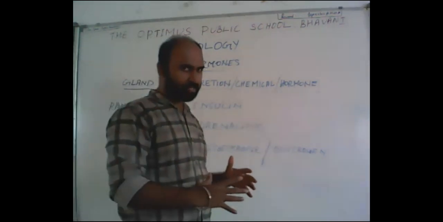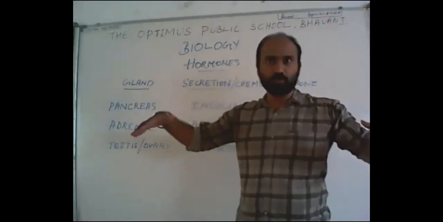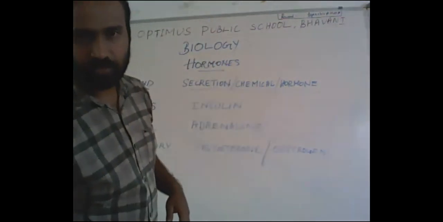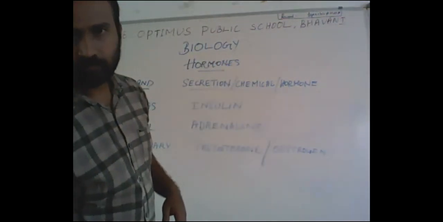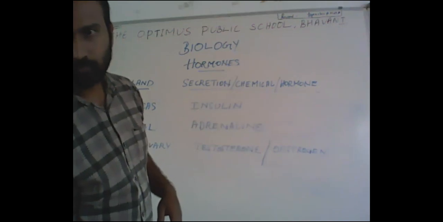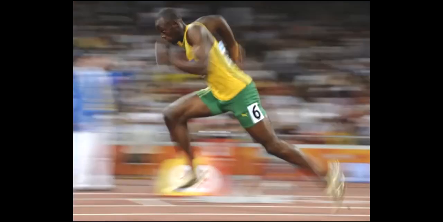This is the gland I told you about in the beginning, the Usain Bolt picture. Here in this picture you can see Usain Bolt in my background, running very fast, isn't it?